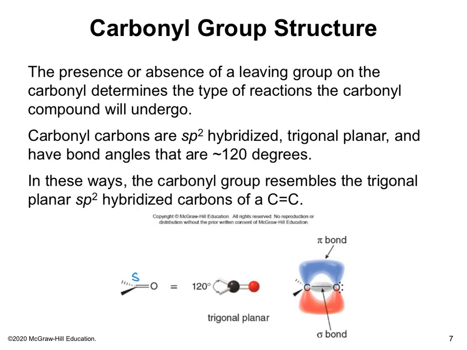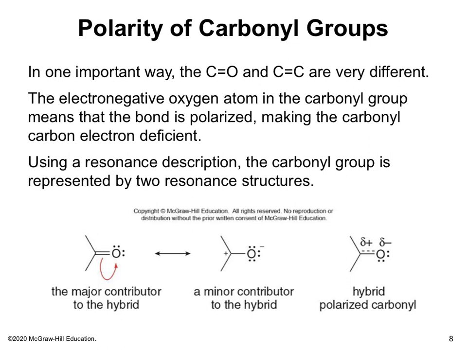This is an sp2 carbon, and the oxygen is sp2. So the pi bond is in an unhybridized p orbital. And this is just showing you the resonance structure that I just showed you, where you have an electrophilic carbon.